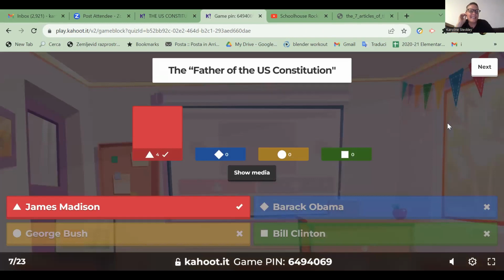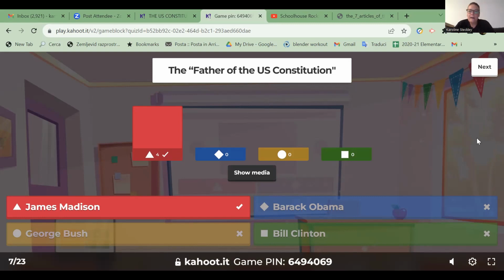Well done. You couldn't have picked any of the others, right? Can you tell me something about James Madison, because he's not so known in Italy. He's one of the 3 writers of the Federalist Papers. He was a Federalist, and he wrote a lot of this Constitution. He was a great thinker, so he's famous for that.